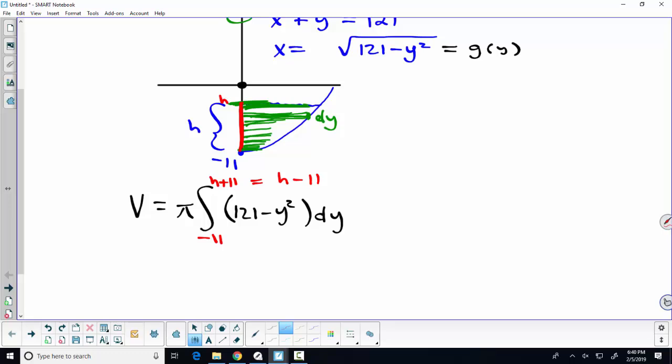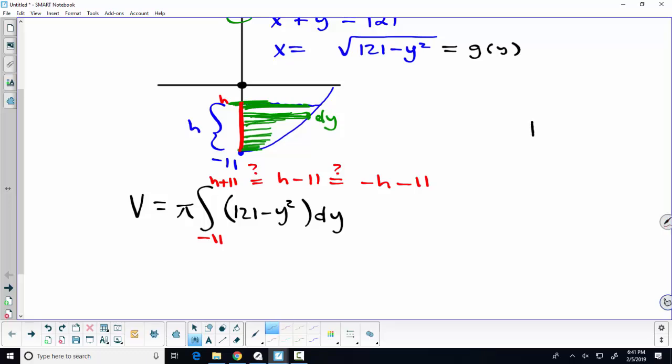So would that measure that distance? Negative h minus 11? Which one? We don't know which one. Bottom of the y value plus some.